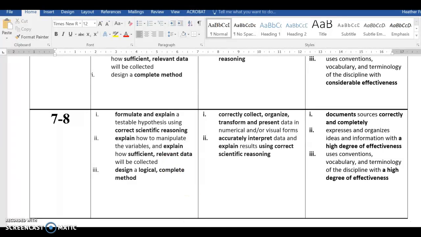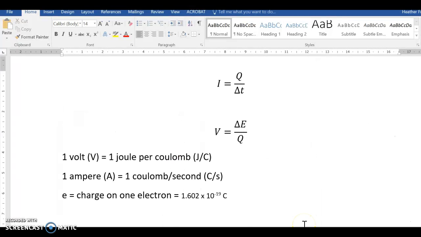Secondly, we have some formulas available to us that we can use to look at the relationship between potential difference, V, and current, I. You'll notice that both of these formulas contain the variable Q, which is charge. Because they have a common variable, we can substitute Q with one of the other variables.